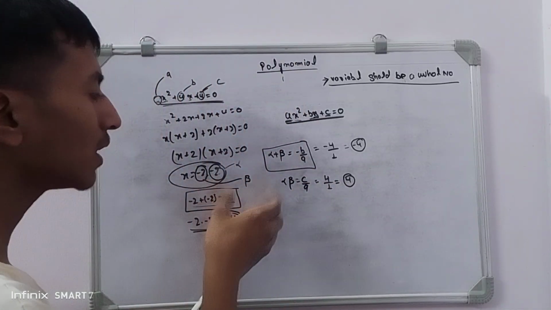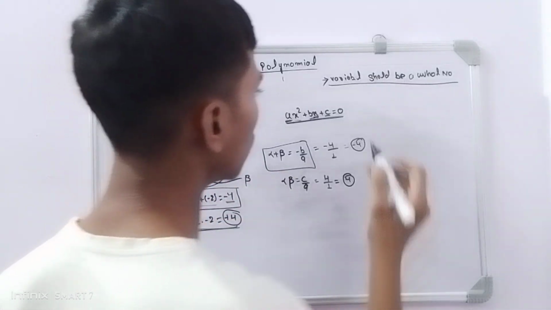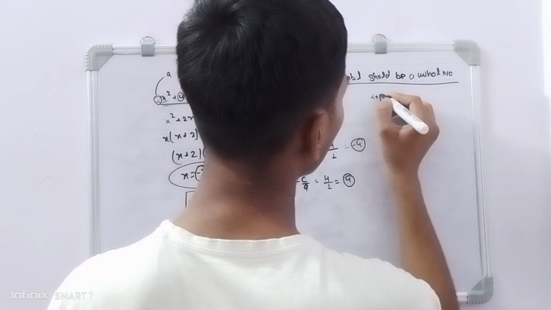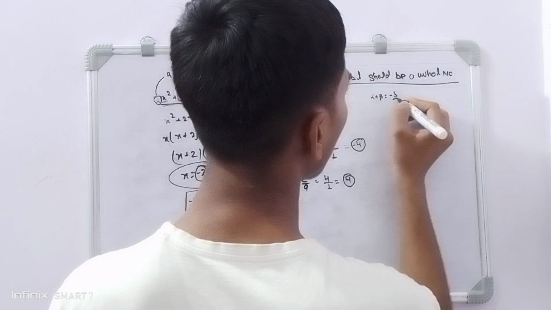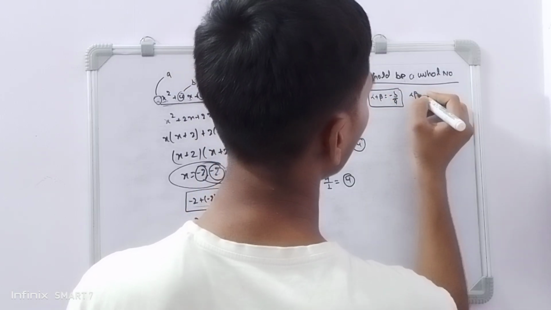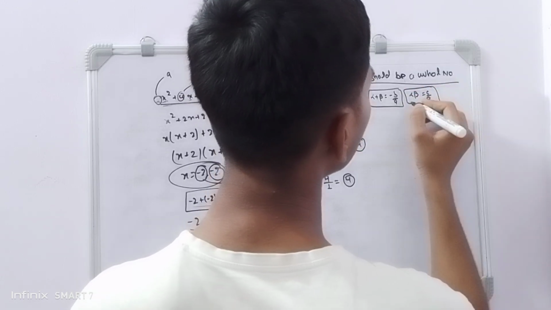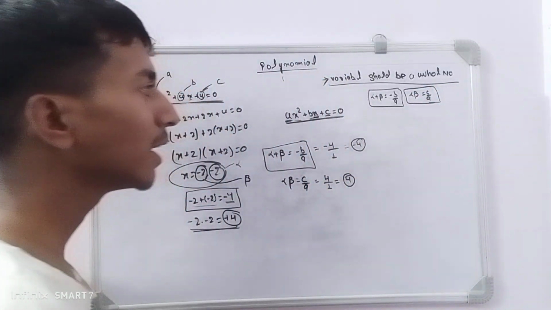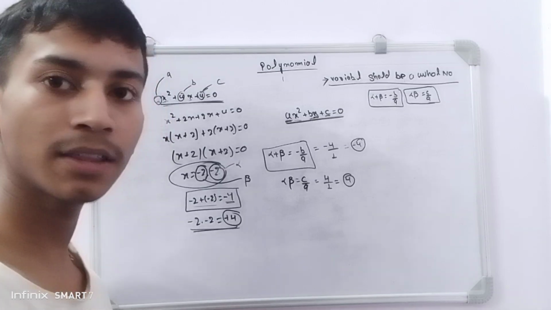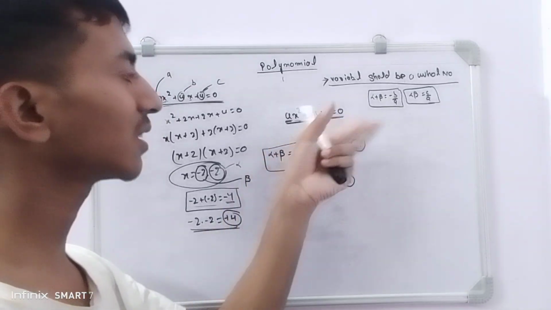So I think you understand how we have to use this rule. So alpha plus beta we could write as minus b by a, and alpha into beta can be written as c by a. These are the two formulas which we have to use ultimately in class 10 to find the sum and product of the roots in questions like this.